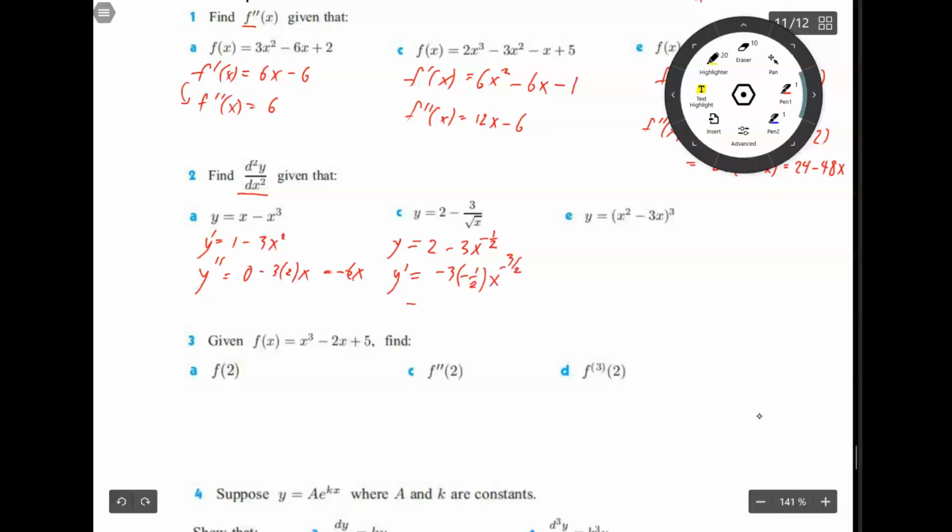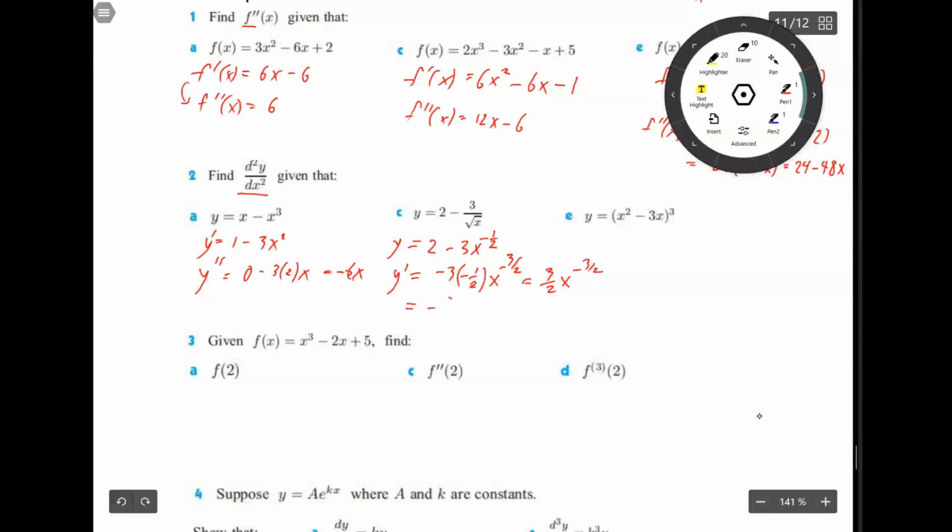So I'm going to first simplify that so it's easier to take the second derivative. Remember, we haven't taken the second derivative yet. This is still the first derivative. Negative 3 times negative 1/2 is 3/2 x to the negative 3/2. And then I'm going to use the product rule here.